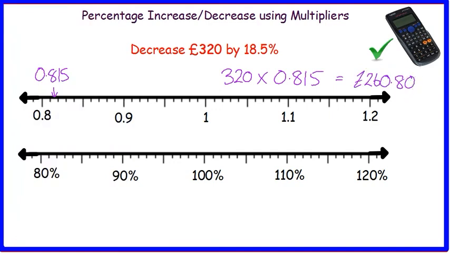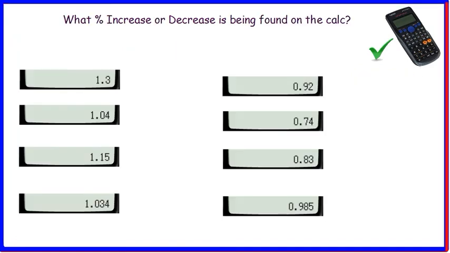So I've done quite a few of those examples. Just to recap, what percentage increase or decrease is being found on the calculator? All of these are increases because they've got a 1 in front of them. So this is an increase of 30%, of 4%, 15%, 3.4%.